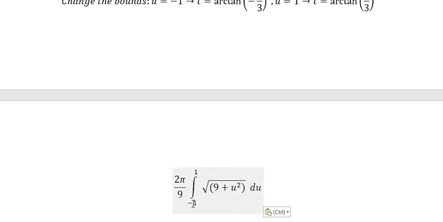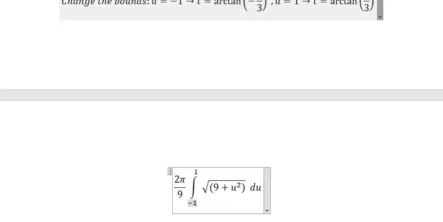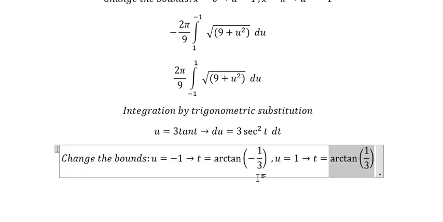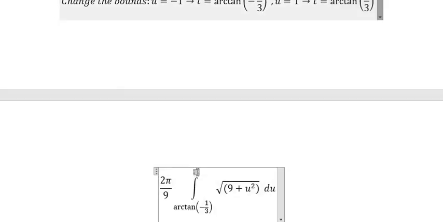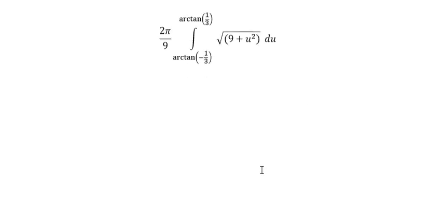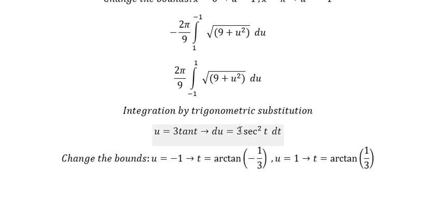So negative 1 is this one, and 1 in here is this one. u is 3 tan t. du is this one.